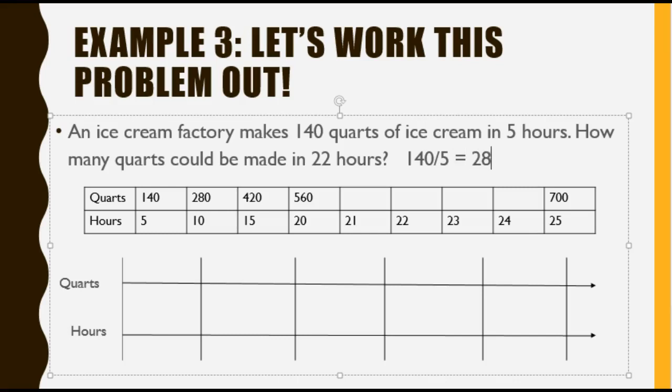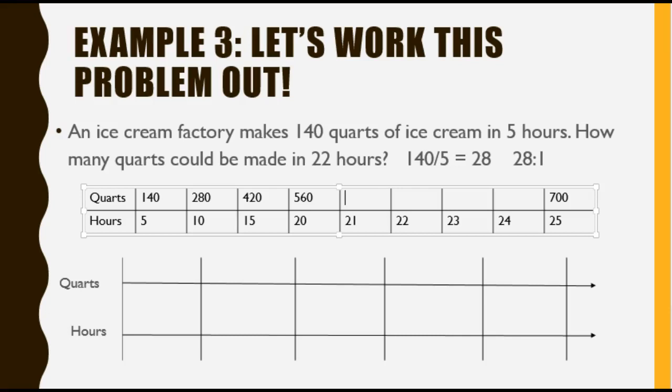So for every hour, that gives me a ratio of 28 quarts to 1 hour. So using that information, I can now jump for 1 hour each time.